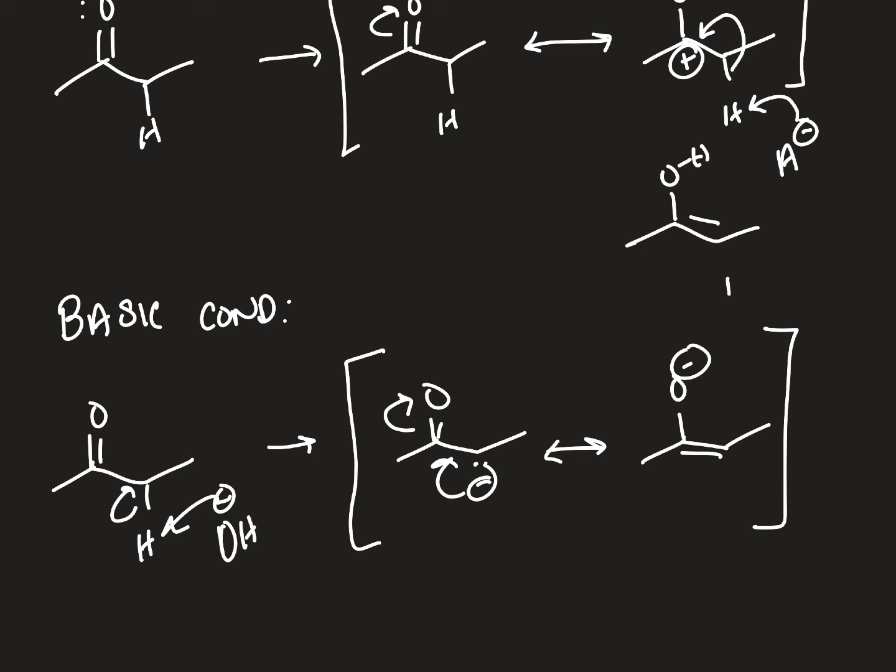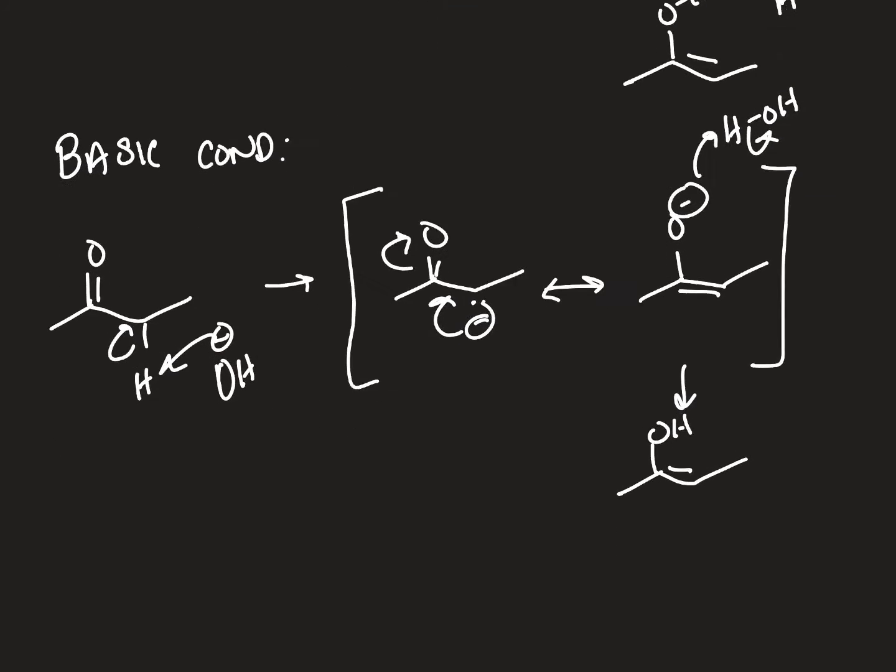And now we can protonate to form the enol. So those are your two different conditions under which we can try to get the enol from the keto form.